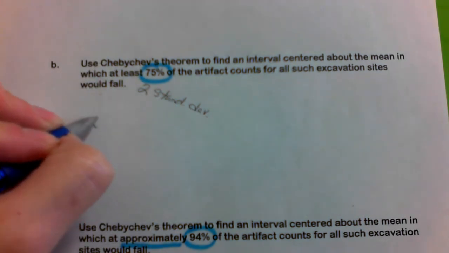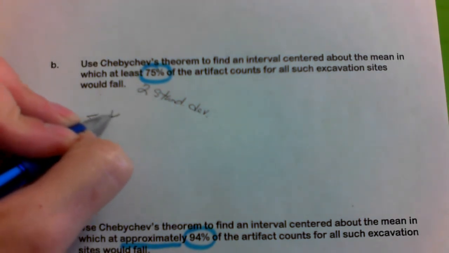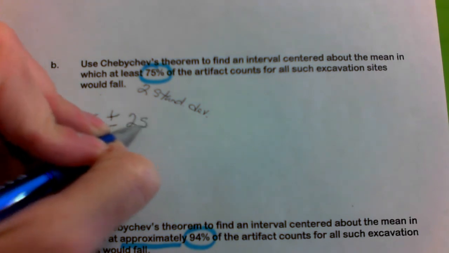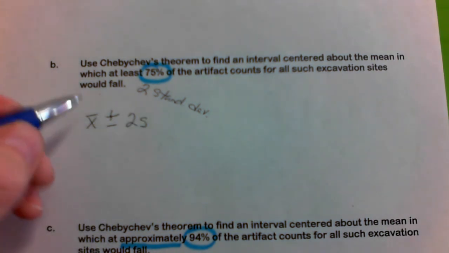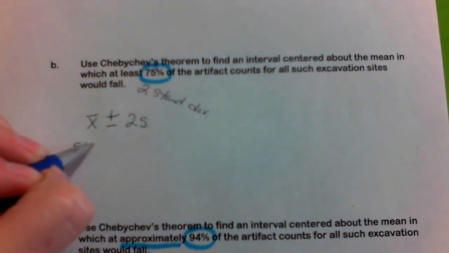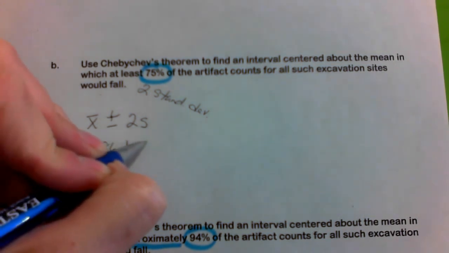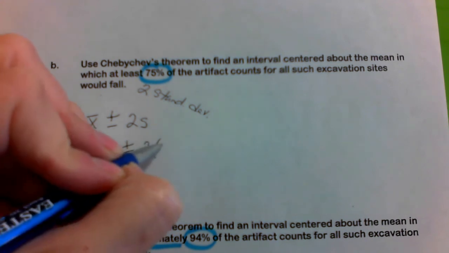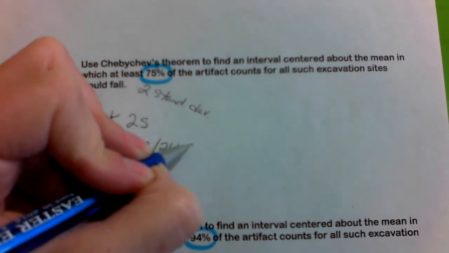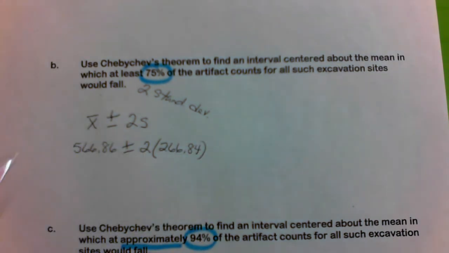So I know I'm going to do x bar plus or minus 2 standard deviations. So x bar is 566.86 plus or minus 2 standard deviations, which was 266.84. So we're going to calculate 2 numbers.